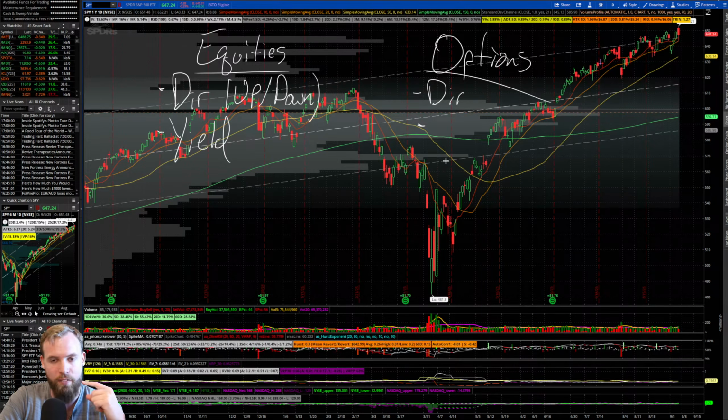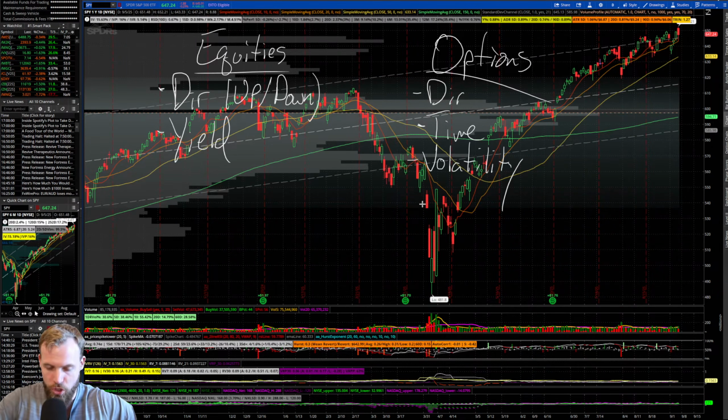And now we have a couple of other elements that are exclusive to the option side of the equation. We have time, we have volatility. This also can be broken down into more sub-relationships, and I would, again, have some grace for other things that we could add to this. But these really are the main mechanisms that we're talking about with equities and options.